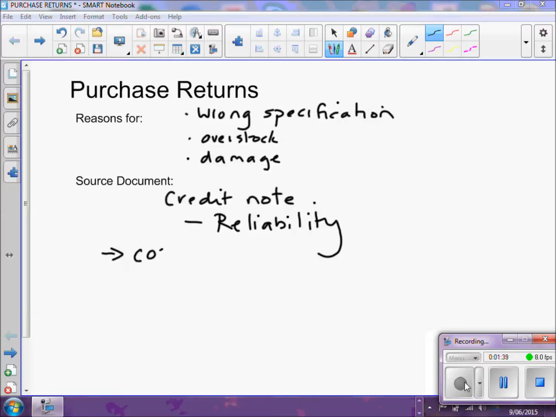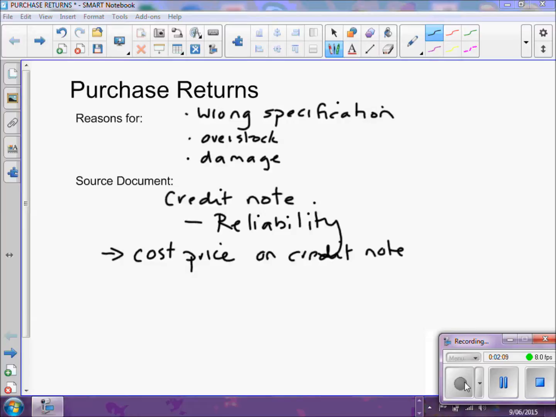The cost price listed on the credit note. So when I do my stock card, the credit note will tell me how much I'm returning it for. Because we only deal with cost prices when we're doing purchase returns. So it's different for sales return. I'm only doing purchase return notes today.